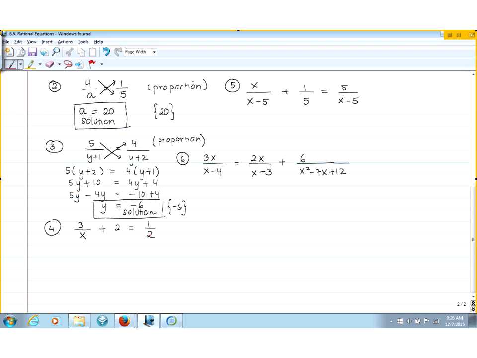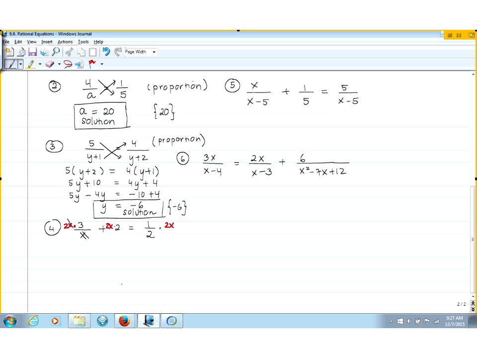What is the LCD, the least common denominator? Yes, 2x. So we multiply each term by 2x. Remember, the 2 you have to multiply also by 2x. You can't just pick and choose. Each term must be multiplied by 2x.